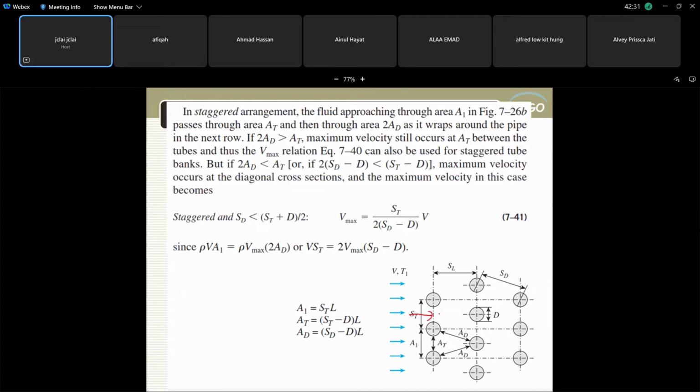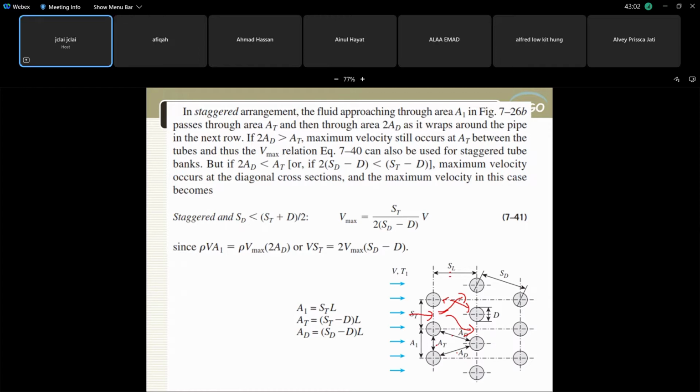Then after that, it passes by here and here, right? So this area, you see, AT, A, and AD are different, right? So it depends on what your SL is. The SD actually depends on what your SL and your ST are.